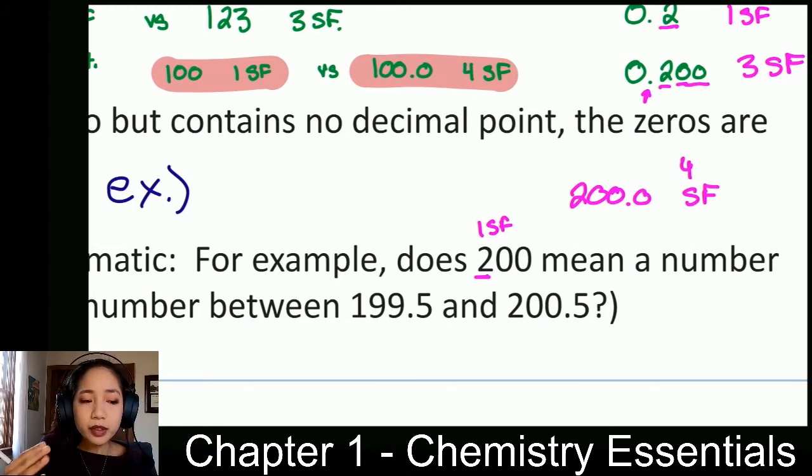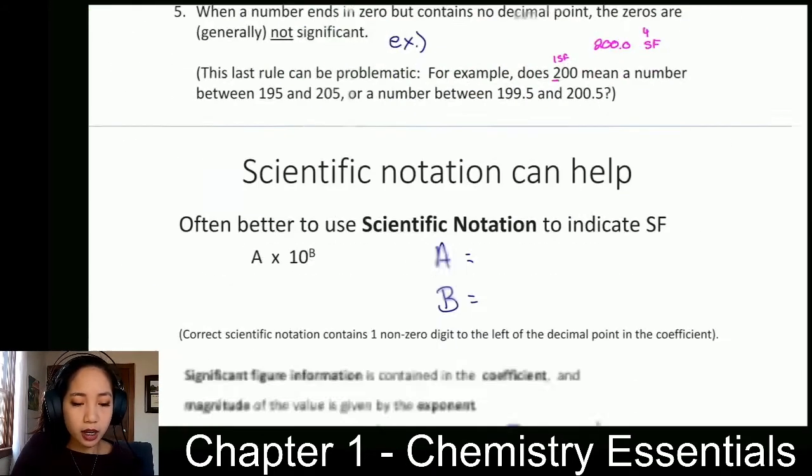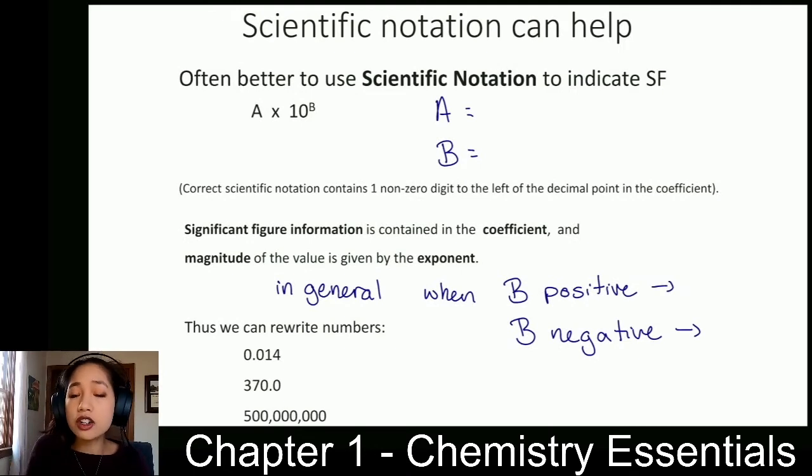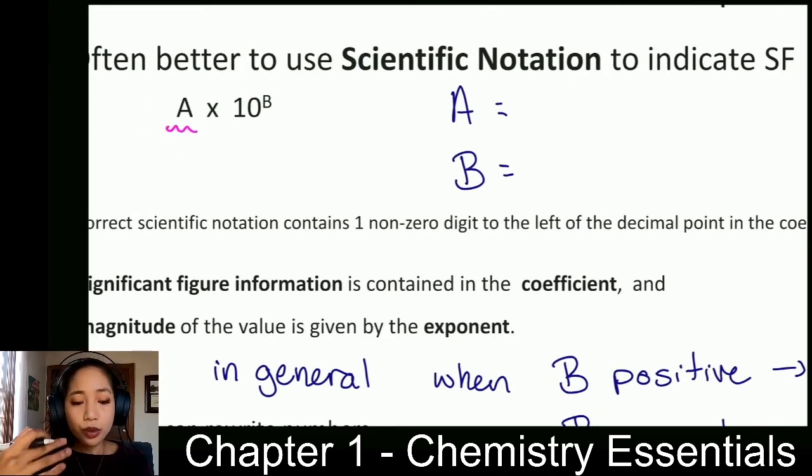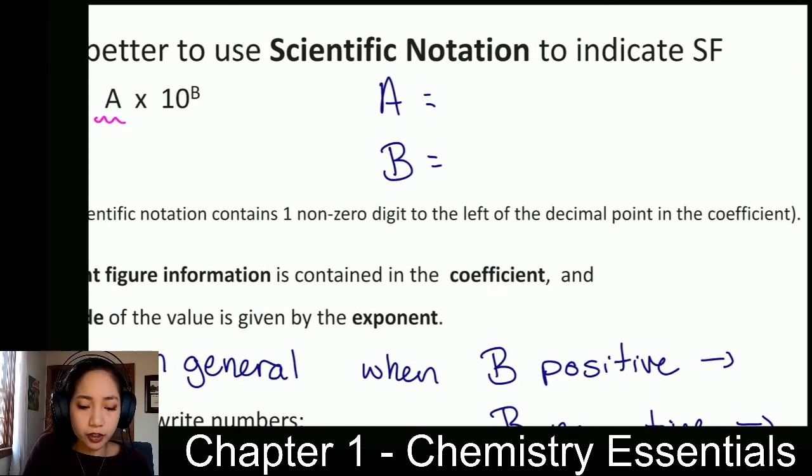But what if I want to convey 200 with only two sig figs or three sig figs? So this is why scientists use scientific notation. And that's where this next slide is. Scientific notation can help show clearly how many significant figures are in a certain value. So scientific notation typically takes on this form: a times 10 to some exponent, b. The a portion of our scientific notation, we call this the coefficient.